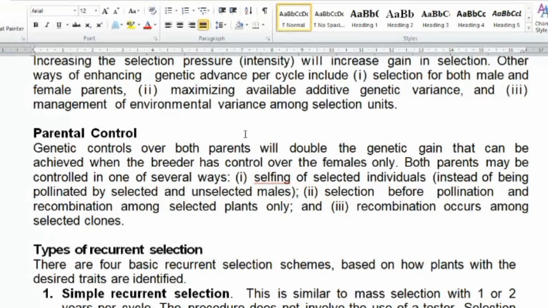Genetic control over both parents will double when we use this approach. And we can control these parents in several ways. We can self the selected individuals, we can select before pollination, or we can wait for recombination to occur among the selected clones.